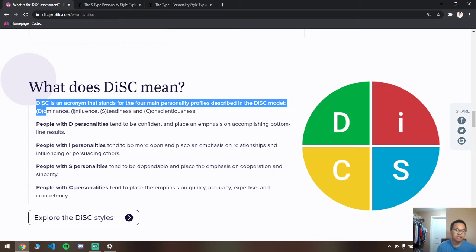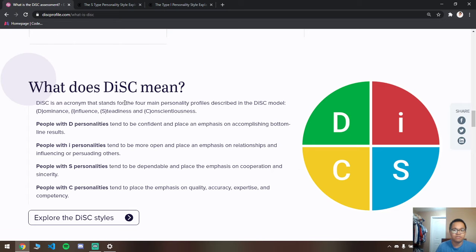DISC is an acronym that stands for the four main personality profiles described in the DISC model: dominance, influence, steadiness, and conscientiousness. People with a D personality tend to be confident and place an emphasis on accomplishing bottom line results.